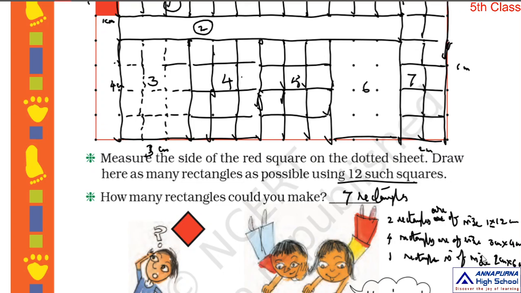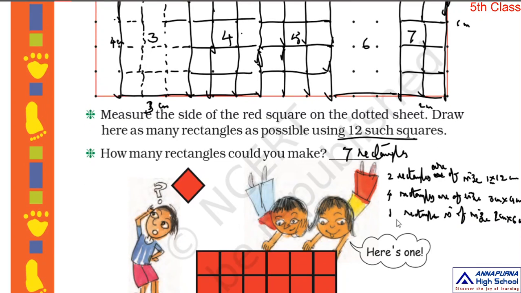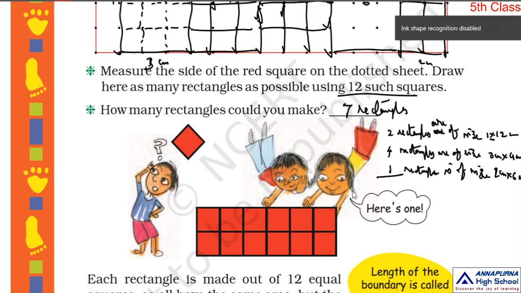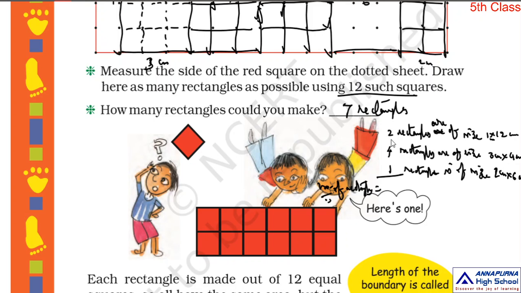All these rectangles are of different sizes. So 2 rectangles are of the same size, 4 rectangles are of the same size, and 1 rectangle is of a different size. So the number of rectangles is 2 plus 4 plus 1, which is 7. Therefore, how many rectangles could you make? 7 rectangles. Did you understand, all of you?